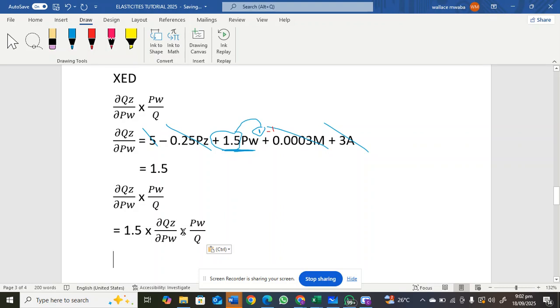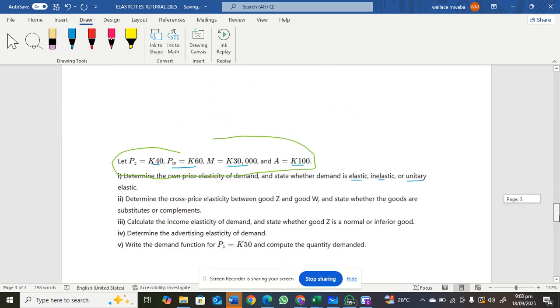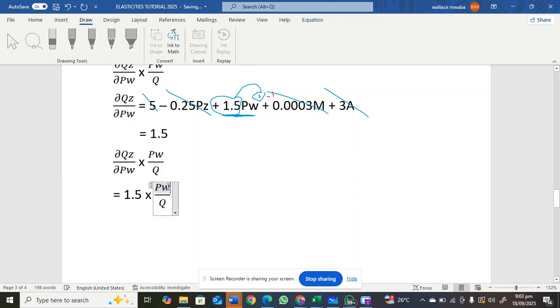In the question they told us PW is 60, so you're going to say 60 divided by Q, which is 394. 60 divided by 394 is 0.152. 0.152 multiplied by 1.5, you get 0.228.